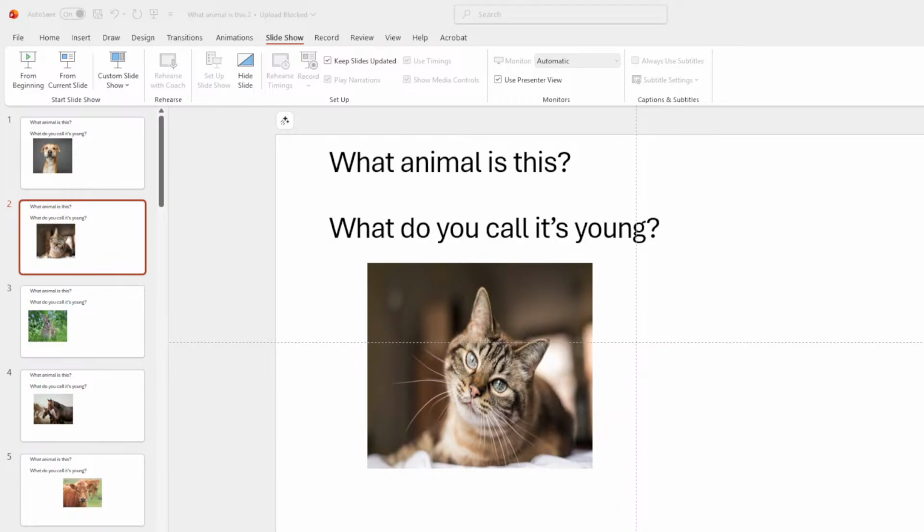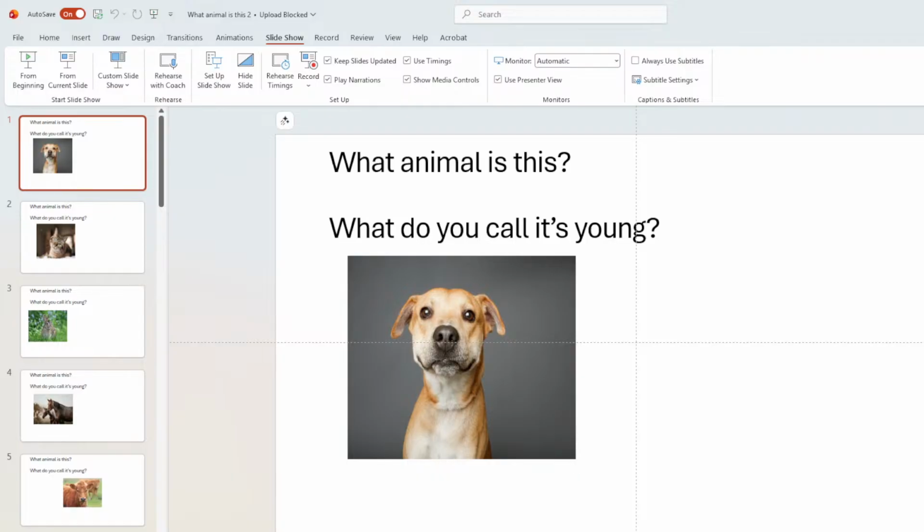All right, it looks like. Looks like I'm in the wrong window. Oh yeah, there. And I'm just gonna put this one on a slideshow.